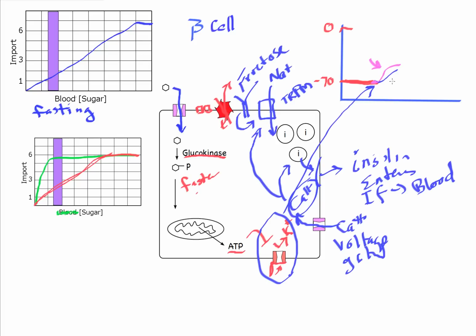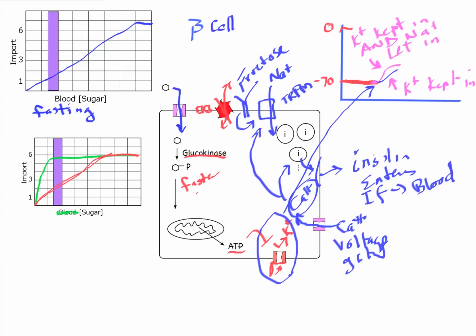So this is the effect of having calcium kept in. And this is the effect of potassium kept in and sodium let in, so that you get a more dramatic depolarization, or a greater extent of depolarization.